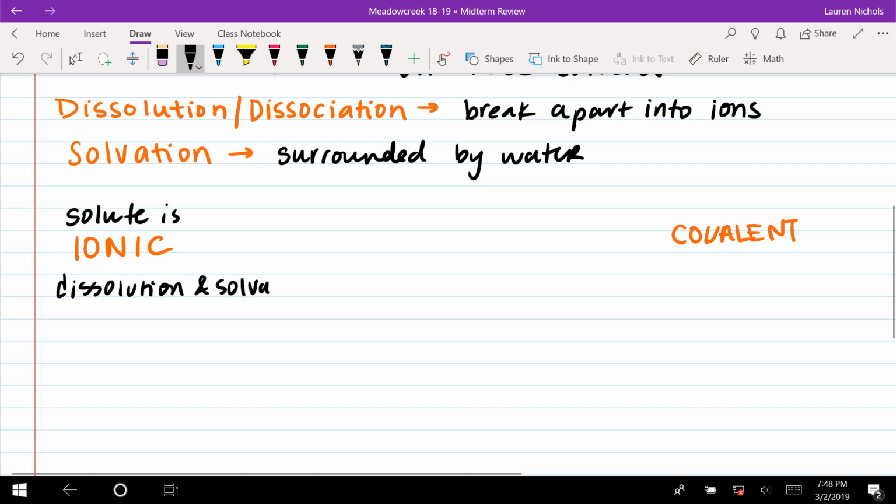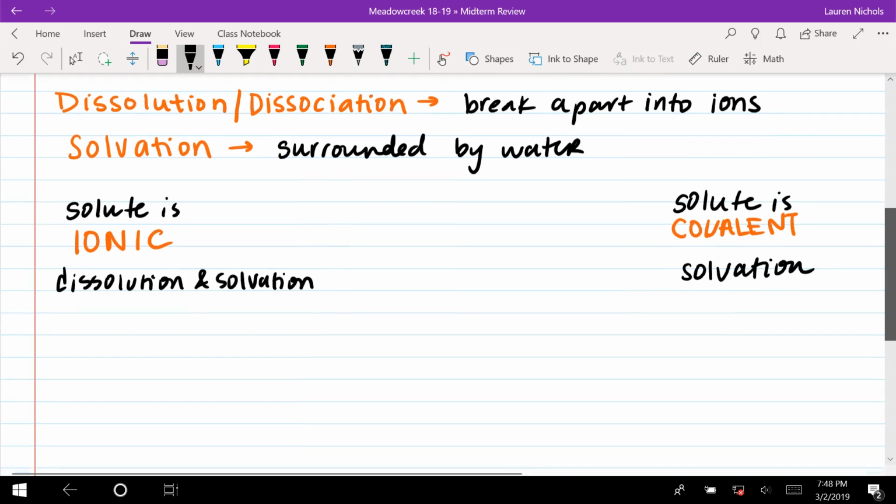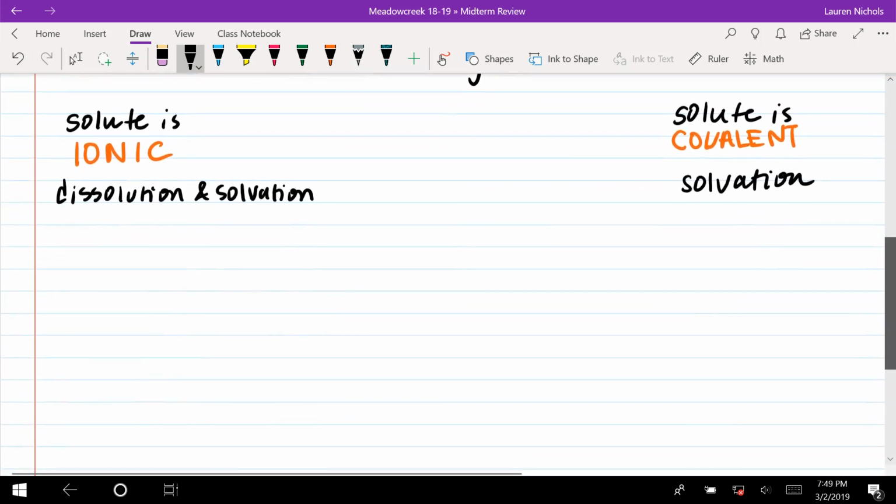The ions will have to break apart and then they get surrounded by water. And if your solute is covalent, then it only undergoes solvation, where the water gets in between the molecules and separates them and surrounds them with water.